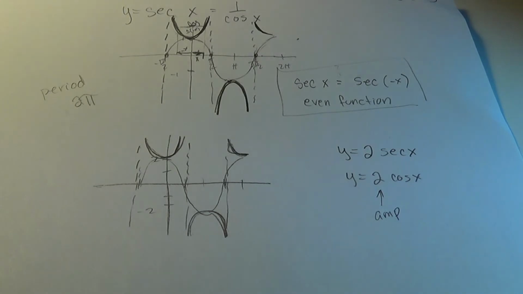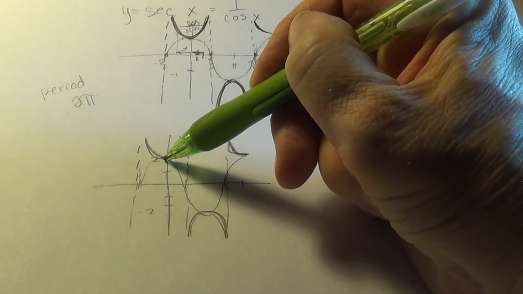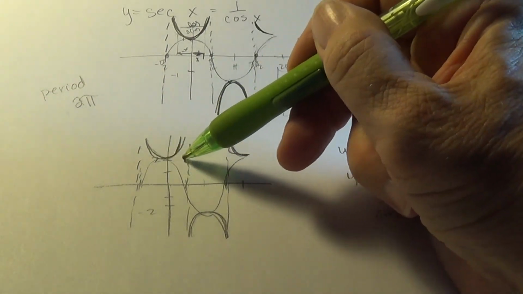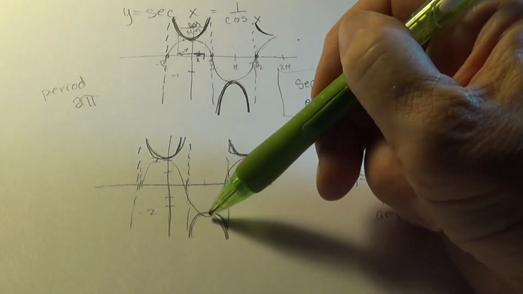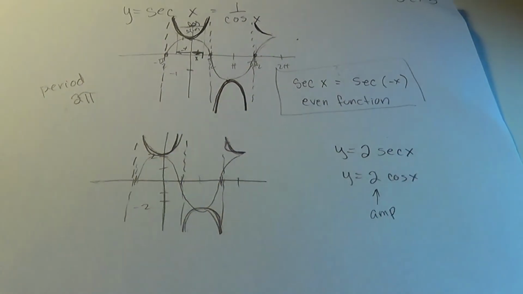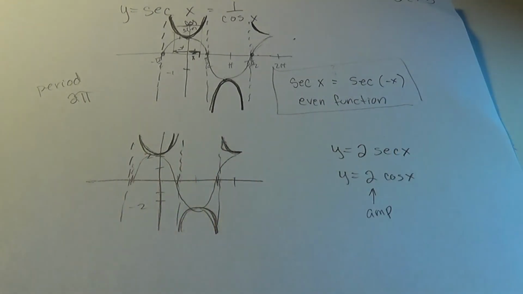The really only difference is how far this U comes down. It only comes down to 2, and the regular one came down to 1 on the y-axis. And the y value here goes up to negative 2 instead of up to negative 1. So that's what it looks like when we put a 2 in front of the secant curve. So it's easy to find when you use the cosine curve.